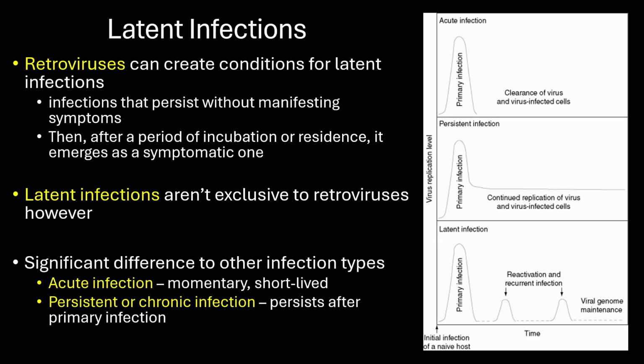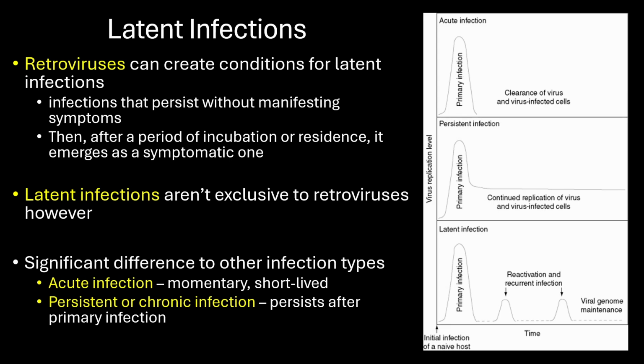This is a pretty significant difference between other types of infection, like, for example, an acute infection. Think about any time that you've had to deal with the flu, where it's a momentary or short-lived infection, where you battle it for a little bit, it lasts maybe a week or two, and then you get over it and the virus is gone, the infection is over. It's not coming back unless you encounter it again.